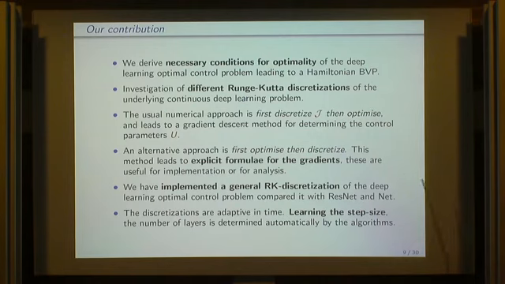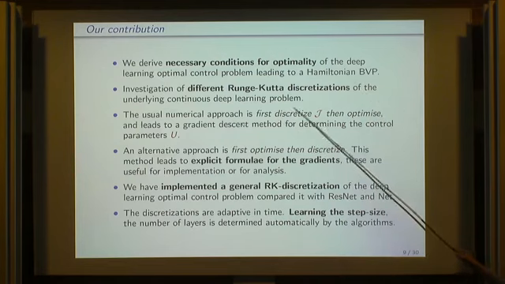Okay, what did we do? What did we contribute? Well, we were intrigued as well by this point of view, and first of all, we wanted to look at the numerical analysis of it. We wanted to see what is the obvious way of discretizing such an optimal control problem, and so you want to derive first order optimality conditions for the problem, and then this leads to a Hamiltonian boundary value problem.